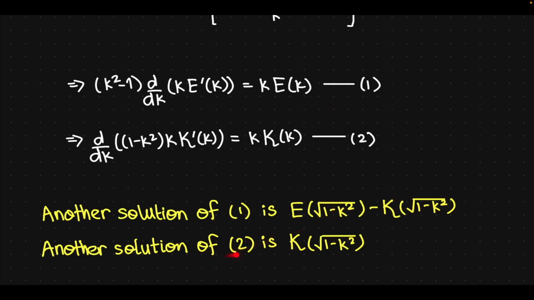And another solution for 2 is capital K of square root of 1 minus k squared. So you kind of see this symmetry going on. In fact, if you set k equals sine theta, square root of 1 minus k squared is going to be cosine theta. So you see there's a sine cosine kind of symmetry going on here, which shouldn't surprise you given the original form of these elliptic integral functions.